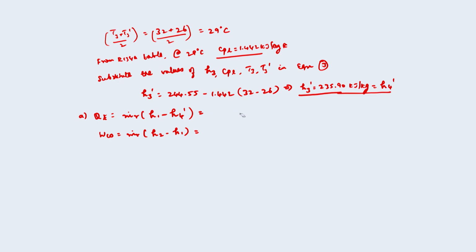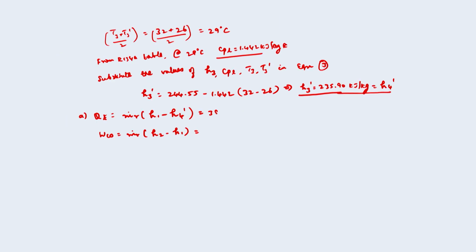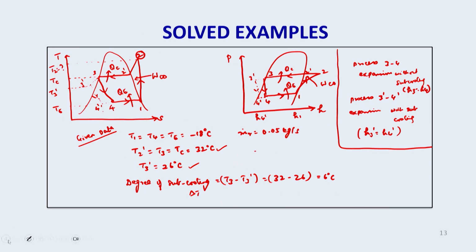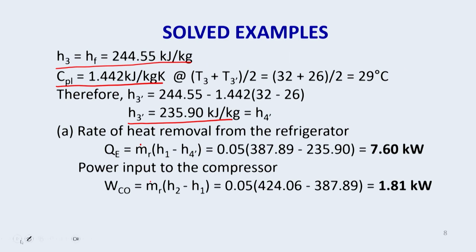H1 is 387.89, minus H4 dash, this value 235.9, into mass flow rate 0.05. So that will give 7.6 kilowatt.